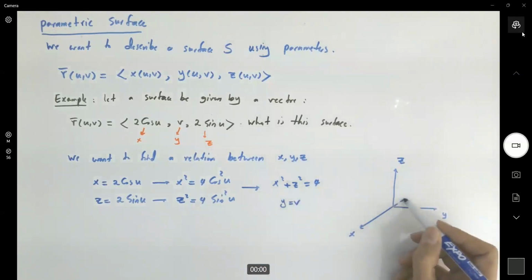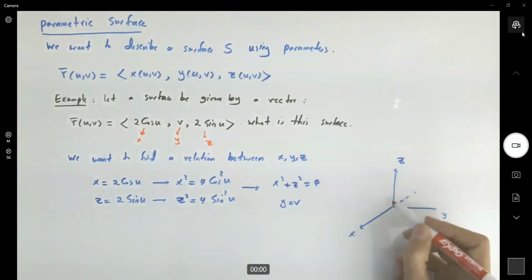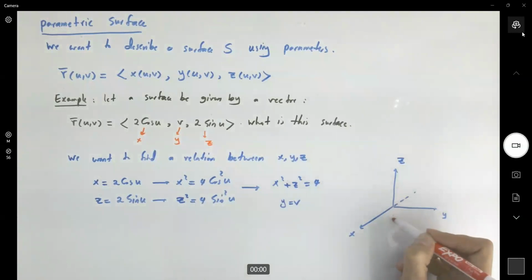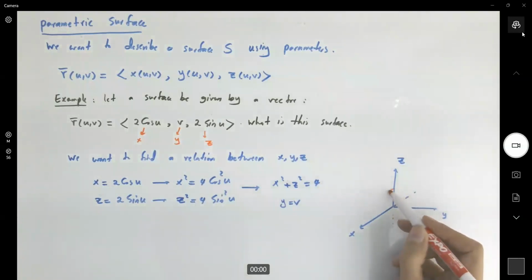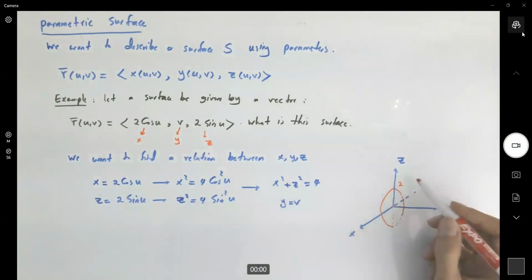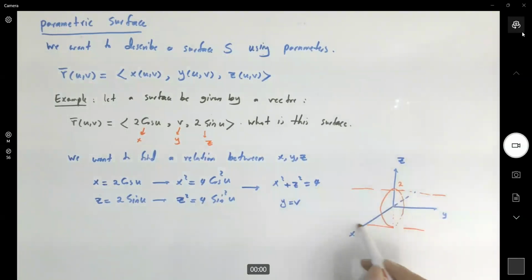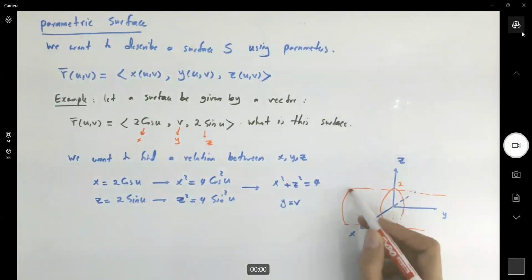In X and Z, it means that I have a circle with radius 2, and it's moving along the y-axis. Well, I already know what this is.